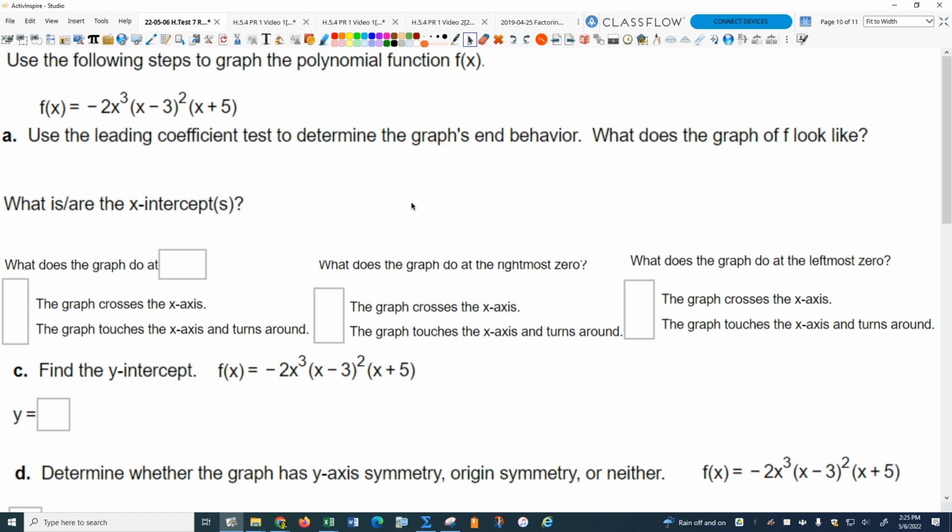Okay, so we got to use the leading coefficient test here. So we need to know what the leading term is, right? The leading term tells us a lot. So I'll let you guys think about this for a second. What's the leading term going to be?